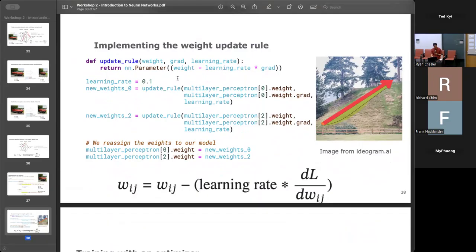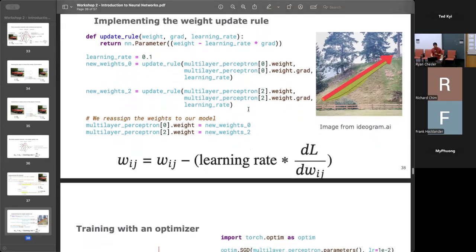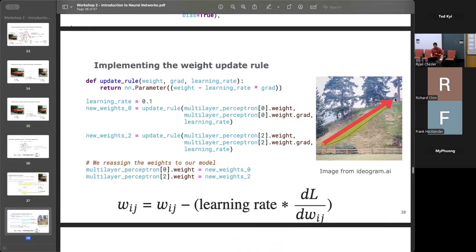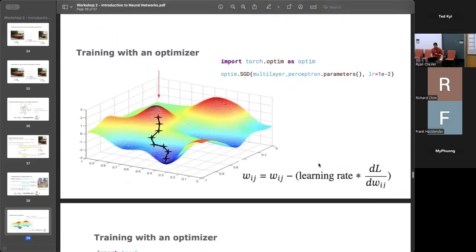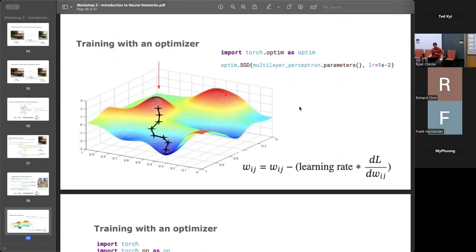So typically you don't have to deal with this, but this is them showing an example saying, here we have the parameters, we push in the direction of the gradient by the learning rate a little bit, and we just update our weights in little pieces, and they're showing, okay, we just go up the hill, go down the hill in the direction that we're trying to go. So that's the actual details of it.